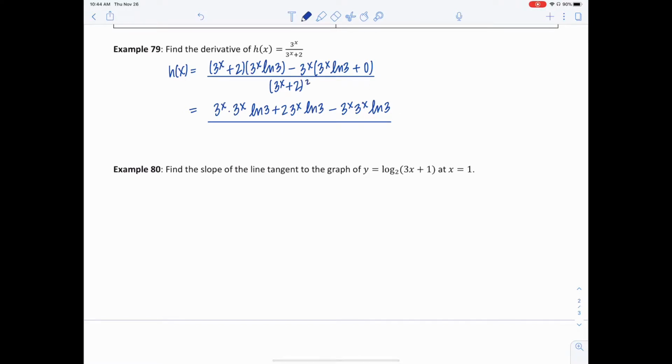Oh, it should be the bottom squared. Low, low. Okay, by the way, this is 3 to the x plus x. That's a property of exponents. You can add them, or 3 to the 2x. But I do have the same thing right here, and this is a minus, so I can simplify this.